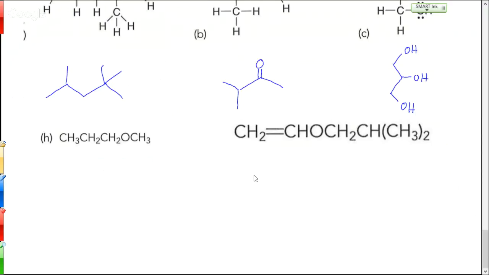This one, the second one, has a little bit of a trick in those parentheses at the end. See if you can figure out what that means.